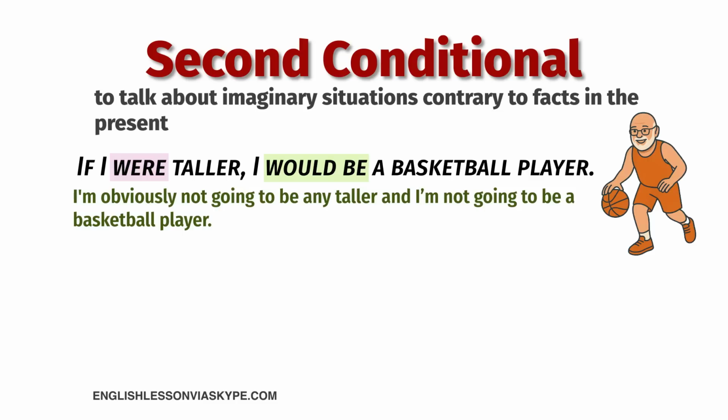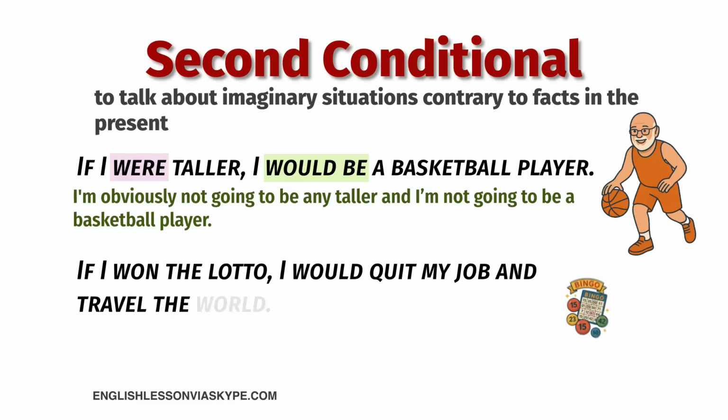And we're talking about the future. If I were taller, I would be a basketball player, but we're using that past simple to describe it. And another issue about this second conditional, we usually say were instead of was. If I were taller, I would be a basketball player.